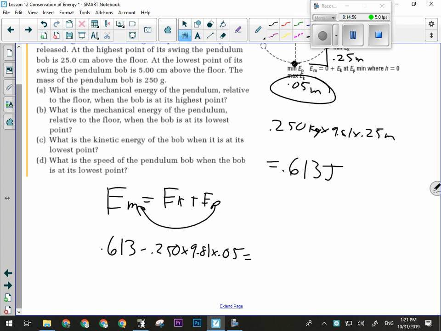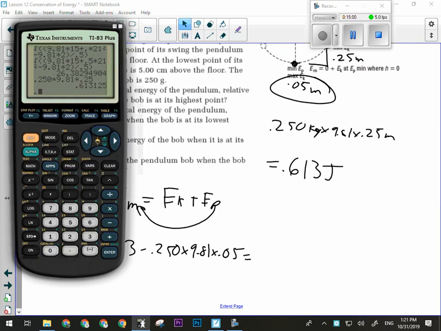What's the speed of the pendulum bob at its lowest point? Well, once I have the kinetic energy, we'll just use our answer there. All right, so there's our kinetic energy.